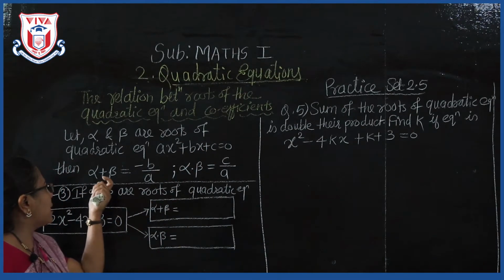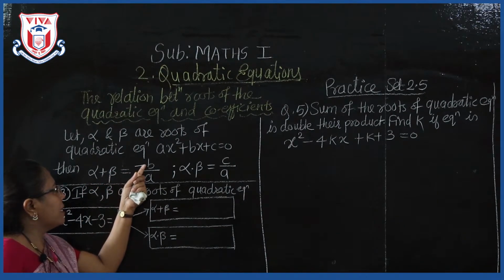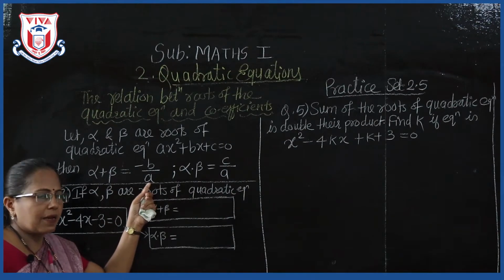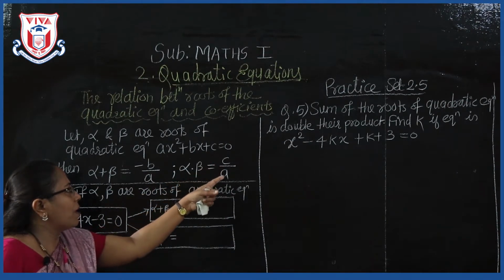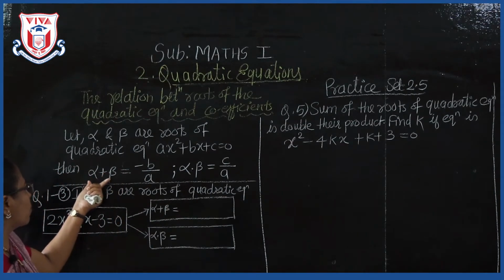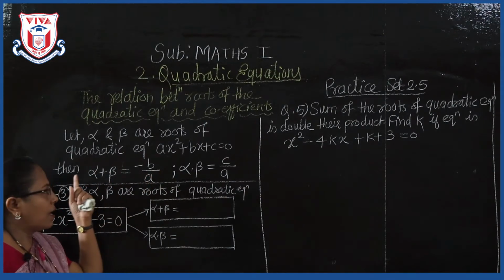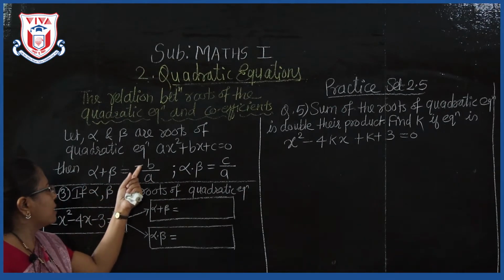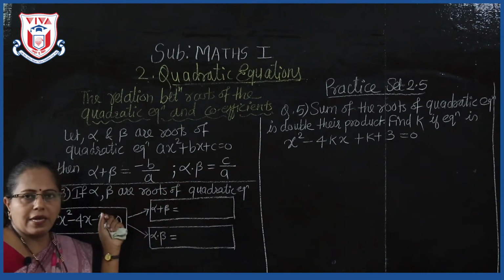If you substitute those values, you will get alpha plus beta is equal to minus b upon a, and alpha into beta is equal to c upon a. So this is the relation between roots of the equation and coefficients: alpha plus beta equal to minus b upon a and alpha into beta equal to c upon a.